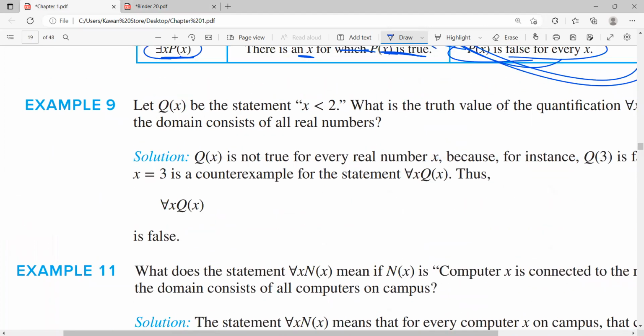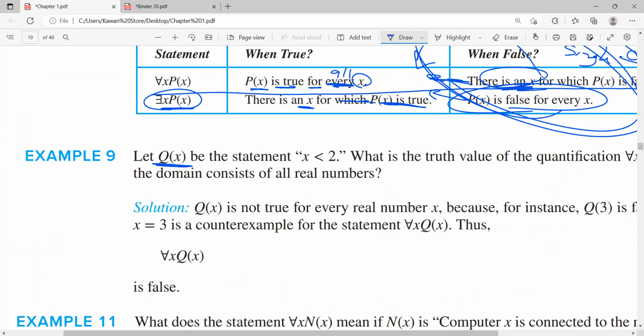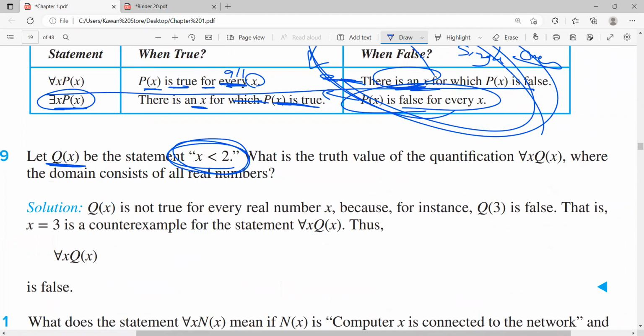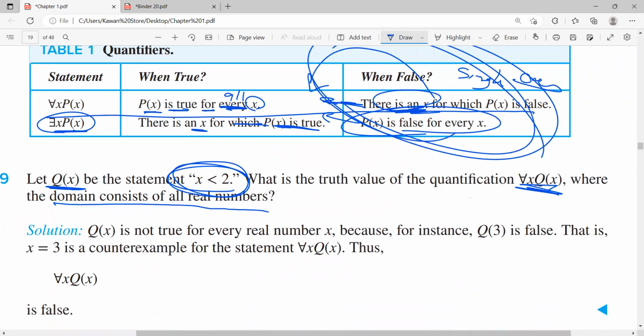Okay, here's the example. Let Q be that statement. What is the truth value of the quantifier like that, where the domain consists of all real numbers? That's the question. So how do we understand? What's the statement? Q is X less than 2. Where is this one true?